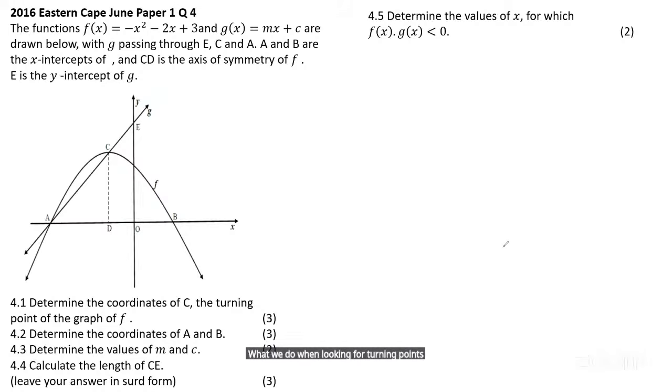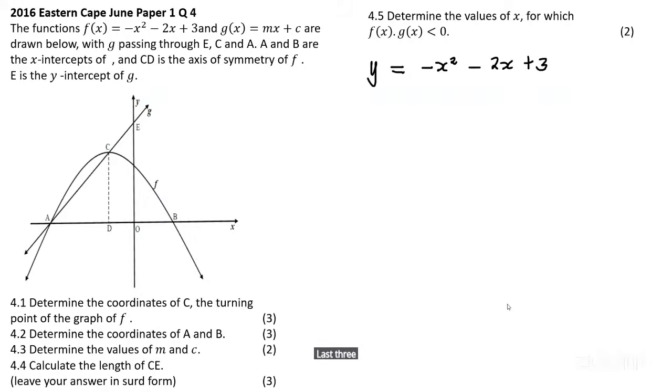Grade 11, what we do when looking for turning points. Here we go. So you've got the equation of f of x, which is y is equal to negative x squared minus 2x plus 3.